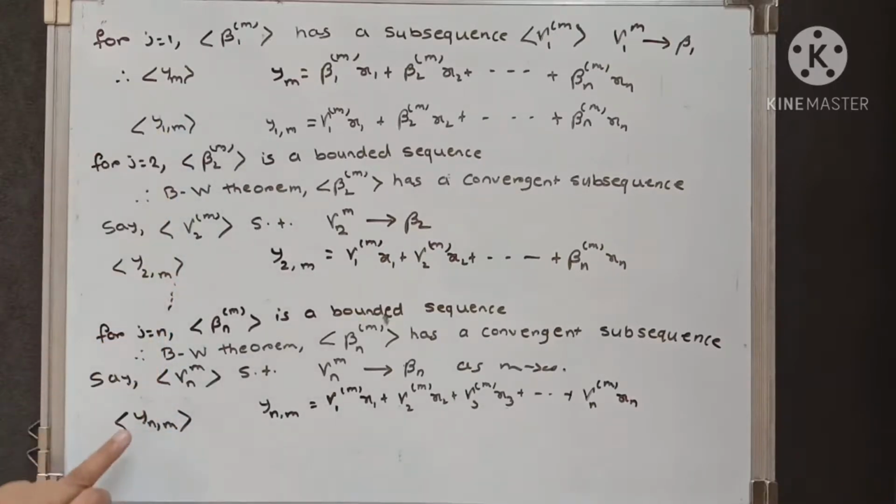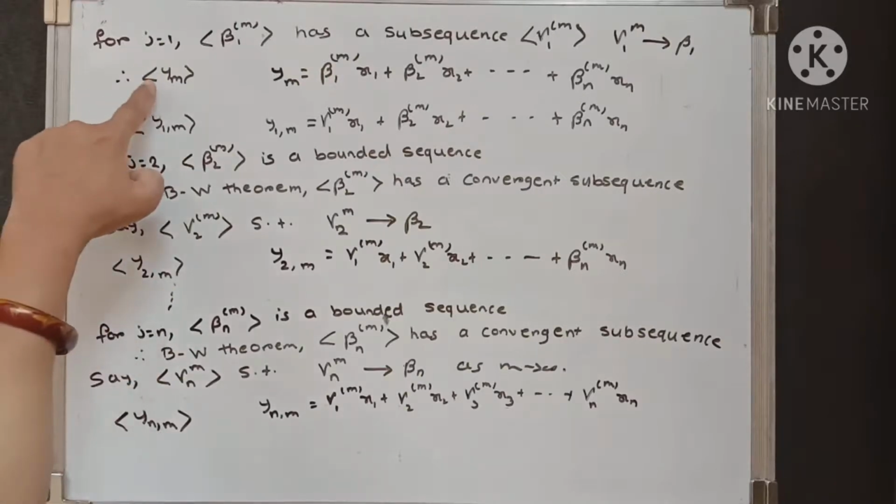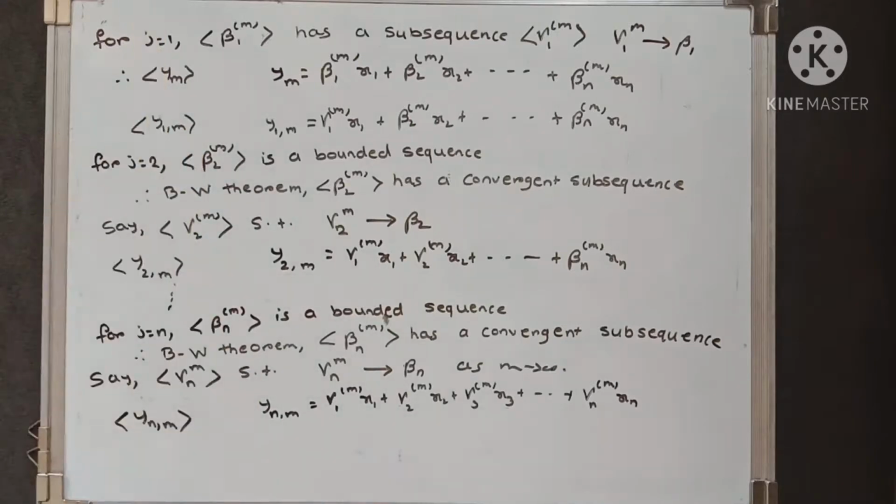In the same way, the sequence ynm becomes a subsequence of the sequence ym such that ynm equals gamma 1m x1 plus gamma 2m x2 up to gamma nm xn.